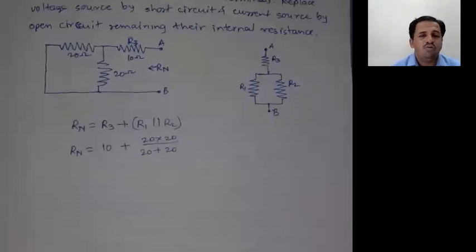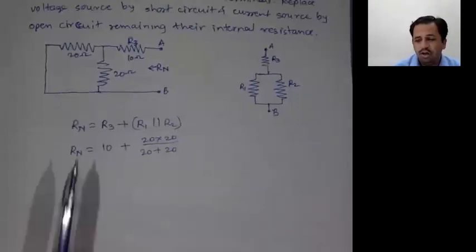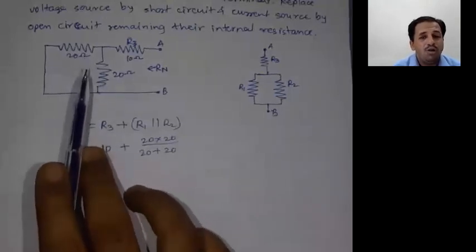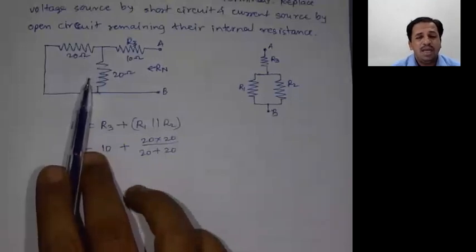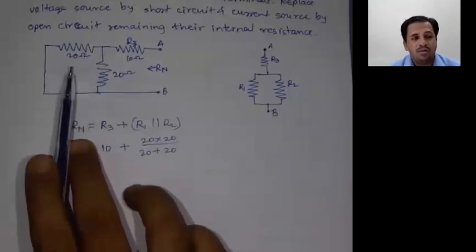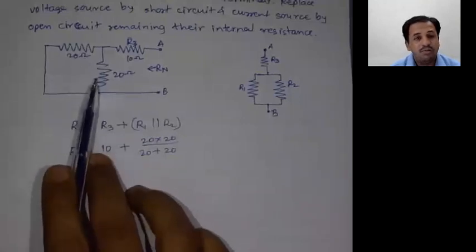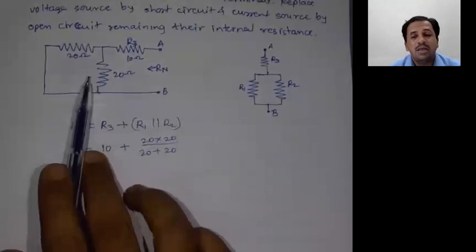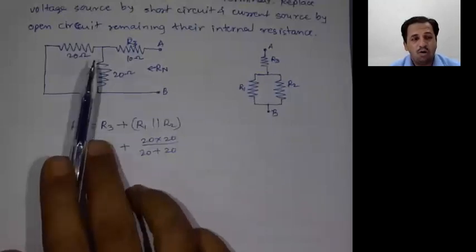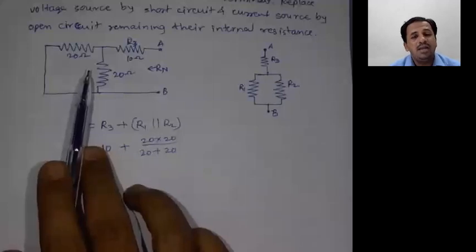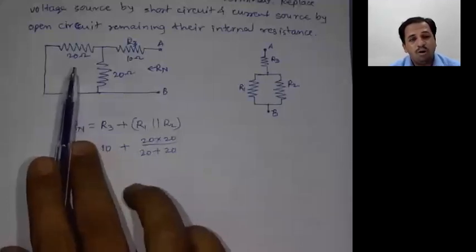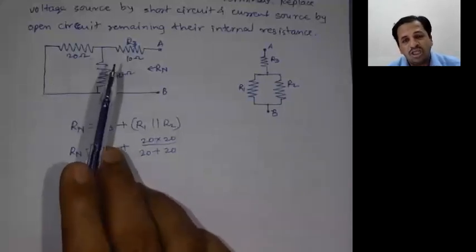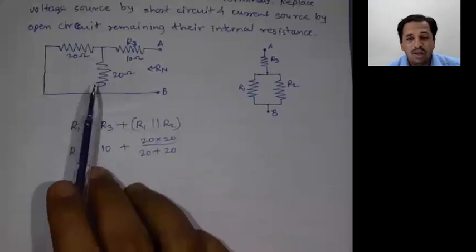thing that I want to give: whenever you have to find the equivalent resistance of a parallel combination, if the values are the same, then the resistance value is exactly half of the given values. And if they are different, then the equivalent is smaller than the smallest of the two resistances.